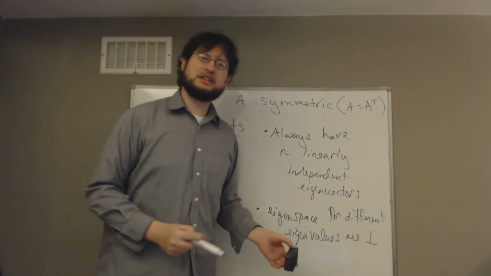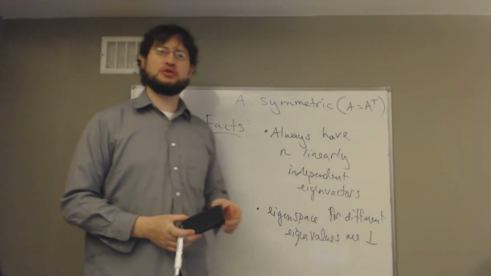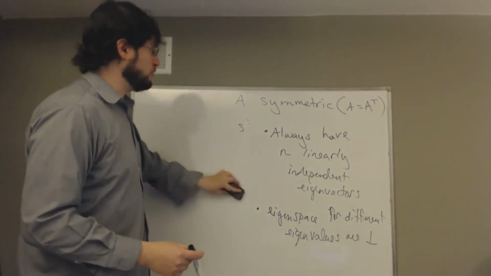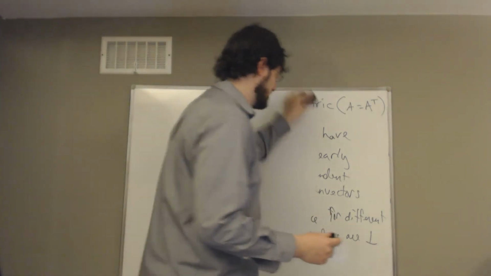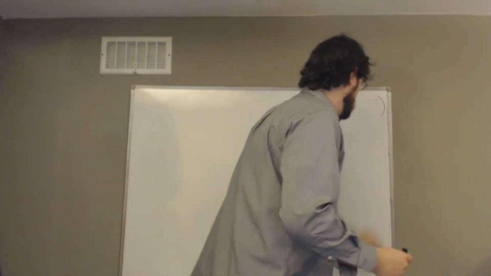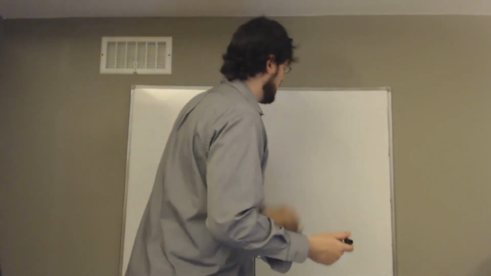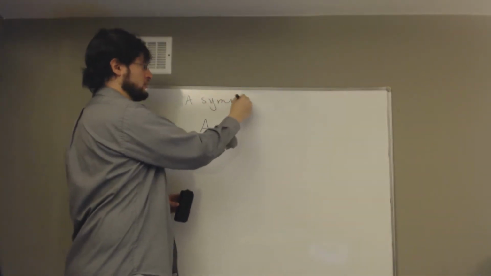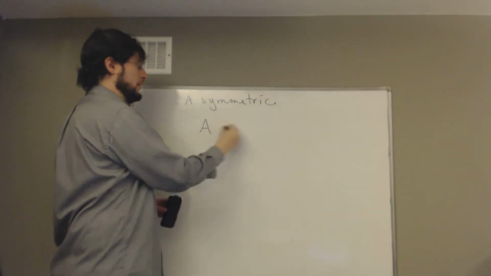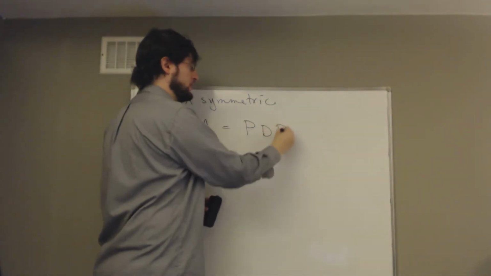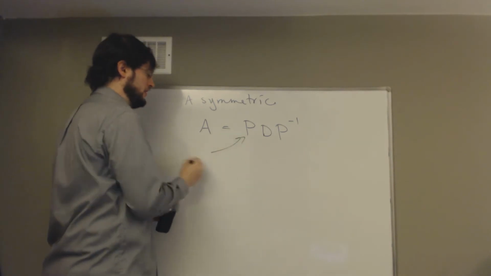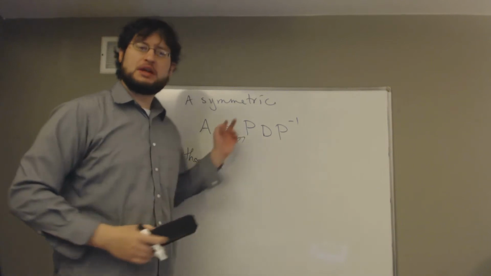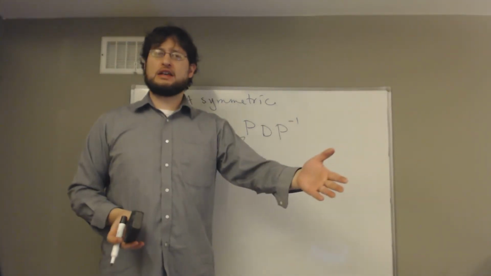What that means is that, rather than just diagonalize the matrix, when we write down A equals P D P inverse, we'll be able to make the matrix P an orthogonal matrix. So if A is symmetric, we can write A as P D P inverse, where P is actually orthogonal, because we create the matrix P by listing out the eigenvectors.